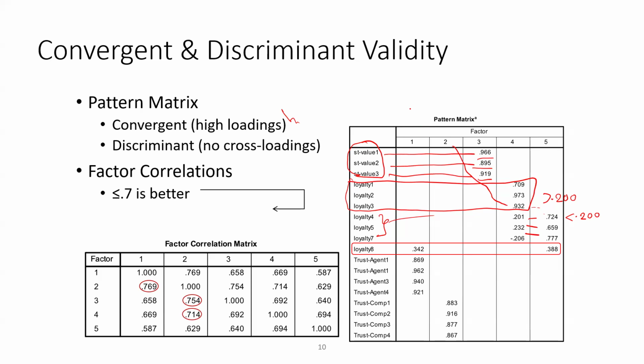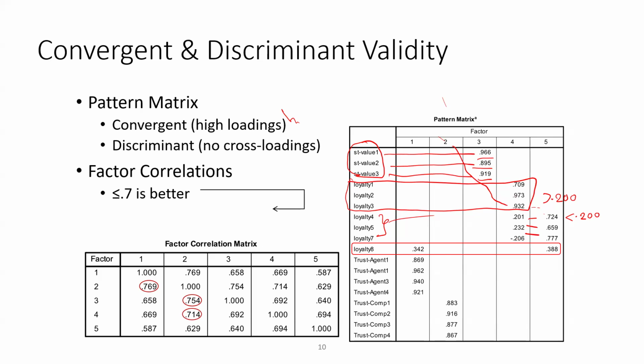So in this case there are two opinions. You see, there is a cross loading between 0.2 and 0.7. One opinion is that you can delete it if you think it is becoming a problem. Another opinion is that if the difference is less than 0.2, then only you delete.